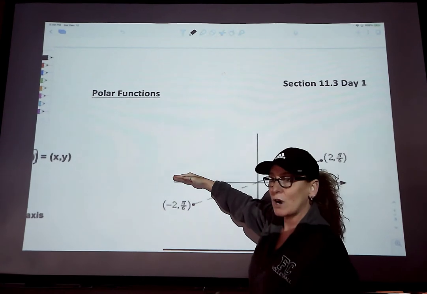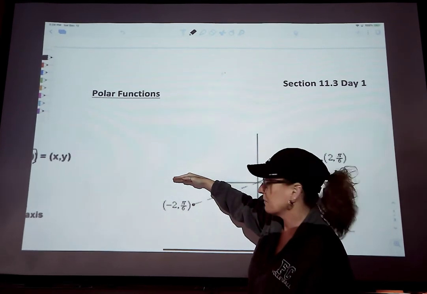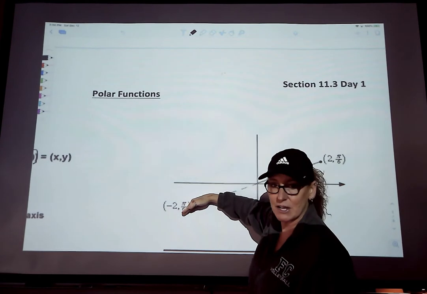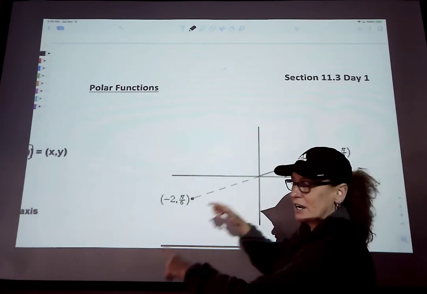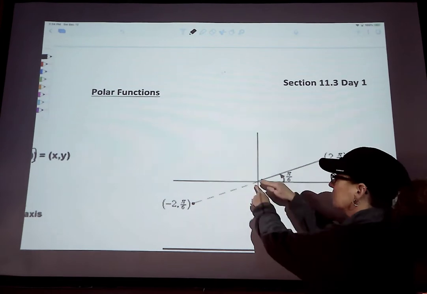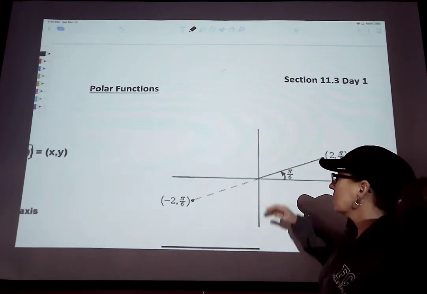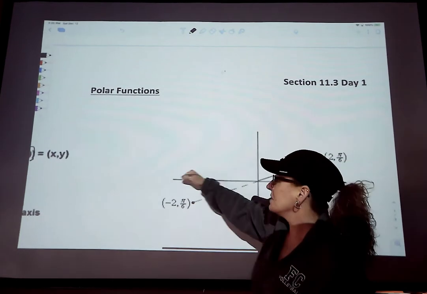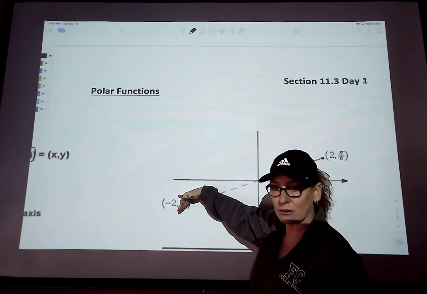Now, travel an angle of positive pi over 6. That would put you right there. And then there's no line to follow back. So you can either go positive and make a line to follow it back, or just go the negative direction and then rotate through an angle of pi over 6.